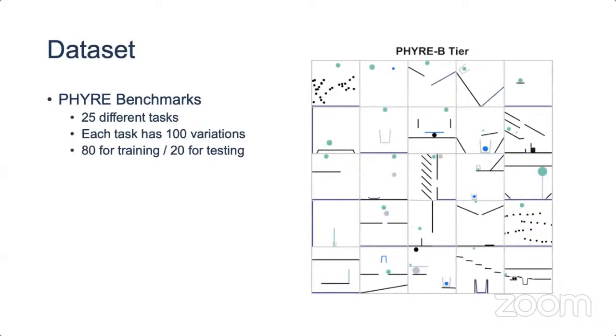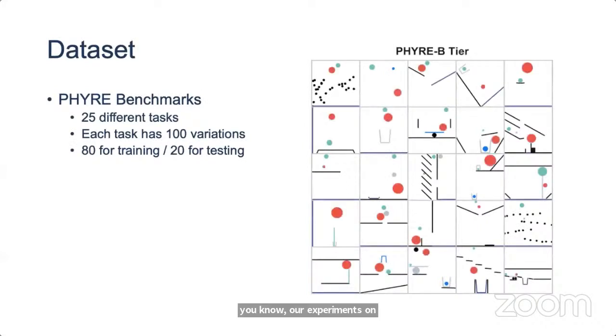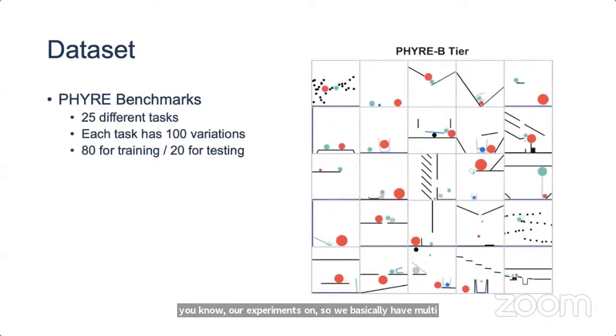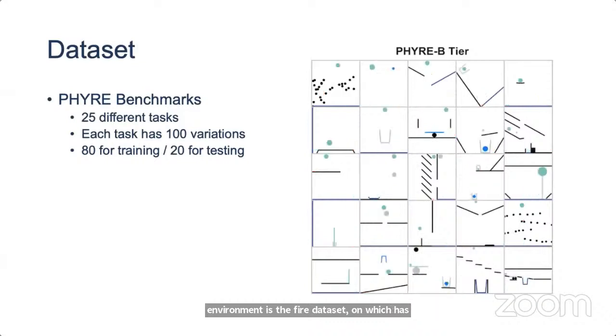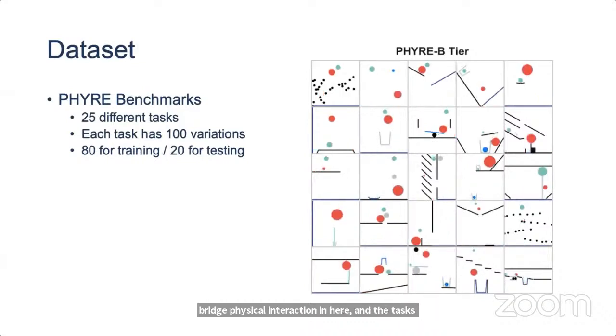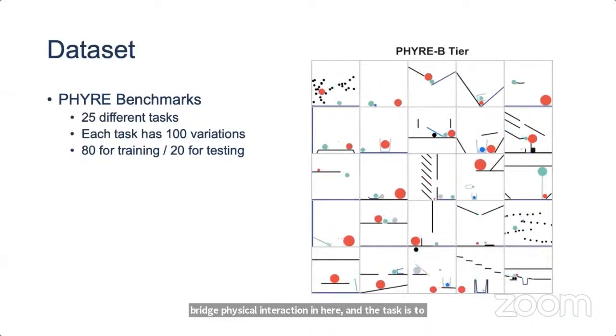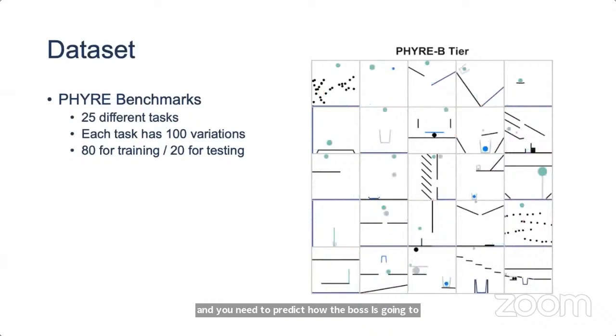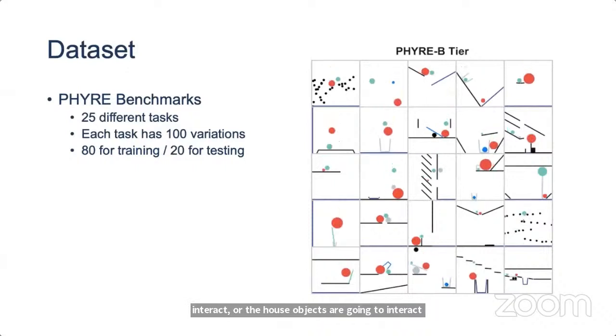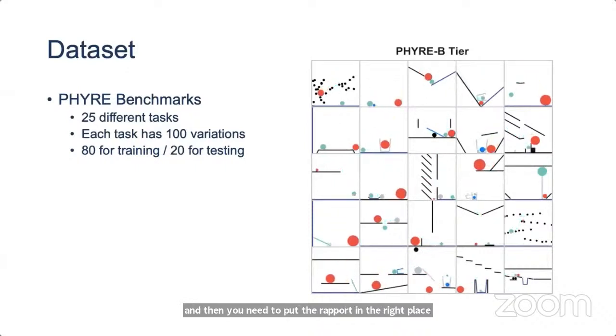In our experiments, we have multiple datasets and environments. The first environment is the FIRE dataset, which has rich physical interactions. The task is to place this red ball in some place, and you need to predict how the objects are going to interact, and then put the red ball in the right place so that the green one will touch the blue one.